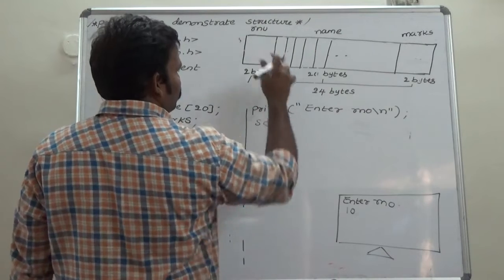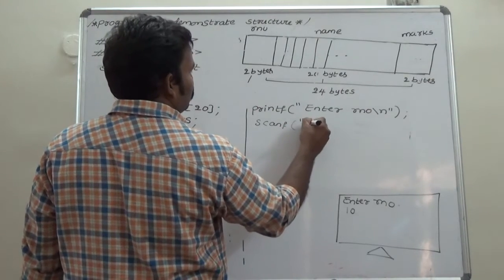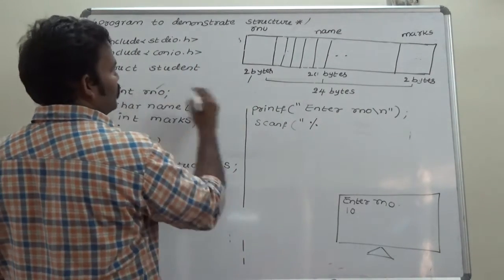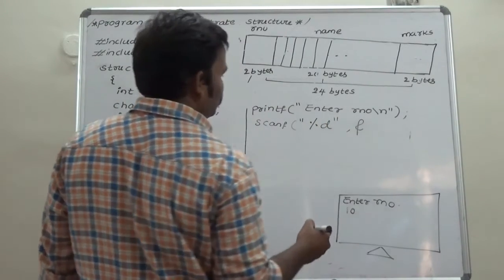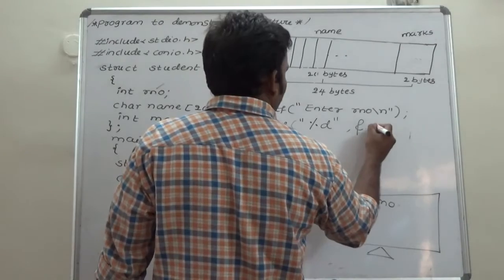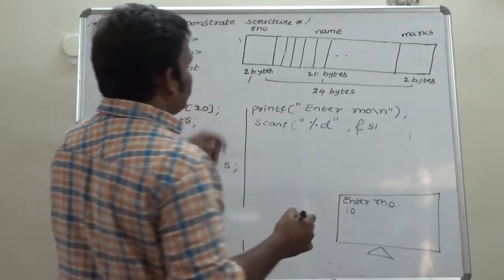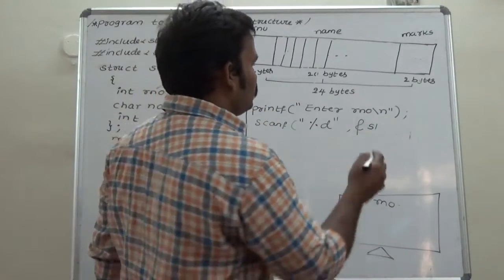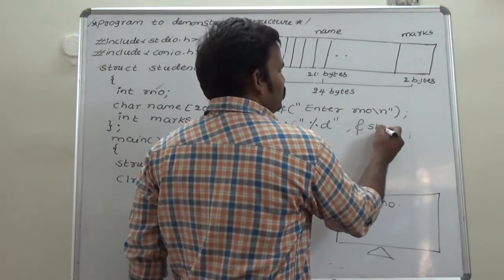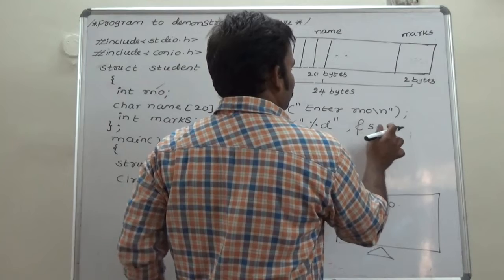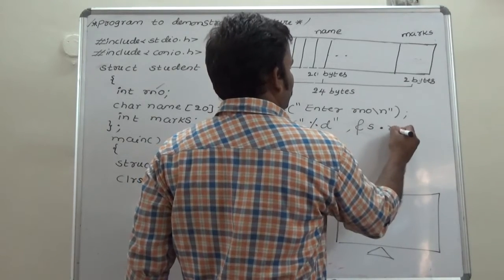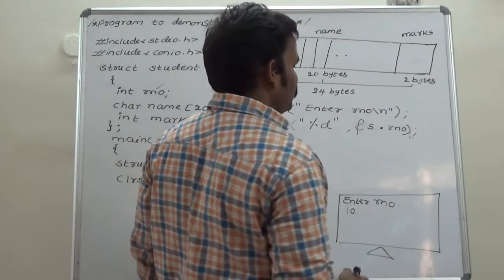Okay, now scanf. So format specifier %d comma and percent. So how can we access structure members by using object? So here by using object s, direct access operator, next member name. So what happens here?